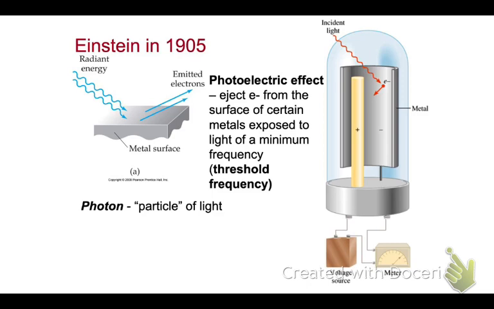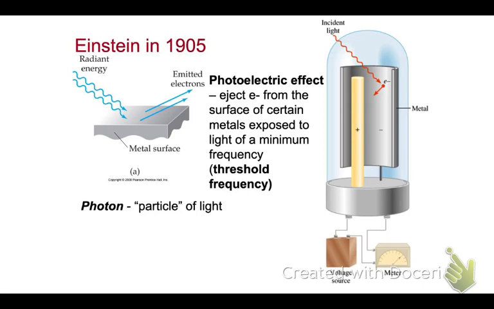Einstein in 1905 saw that we have something called the photoelectric effect, which is when an electron is ejected from the surface of a certain metal exposed to light of a minimum frequency, or a threshold frequency.